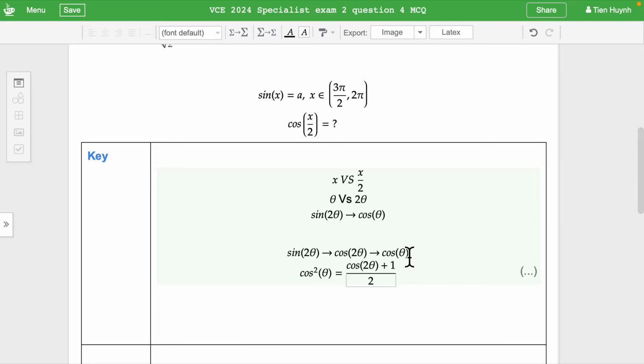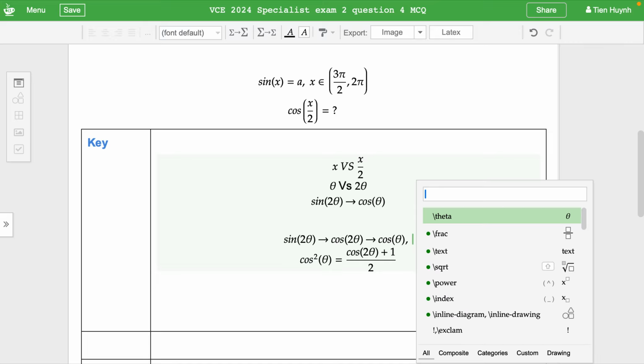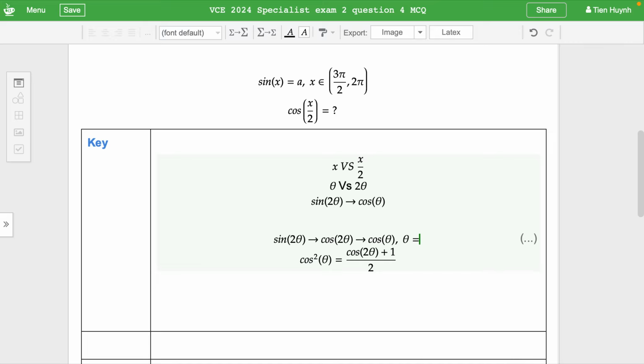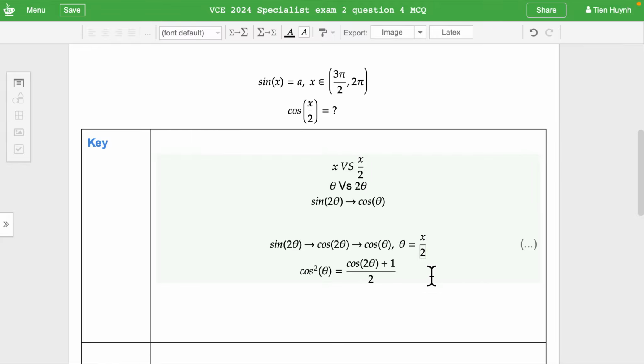Let us see how we can do that. Notice in this case, theta is actually x divided by 2.